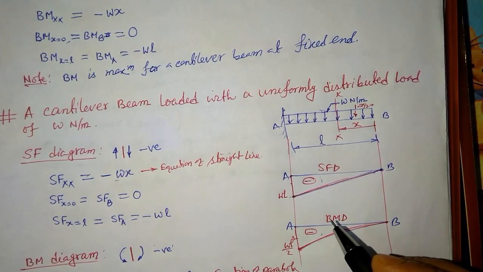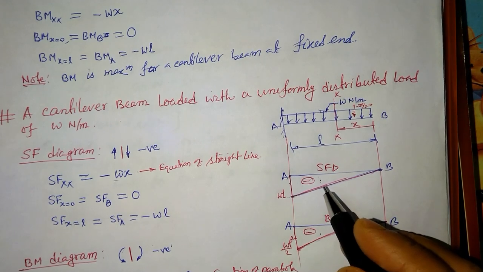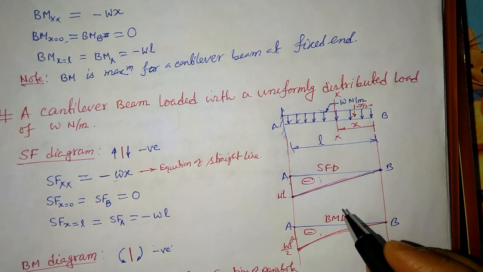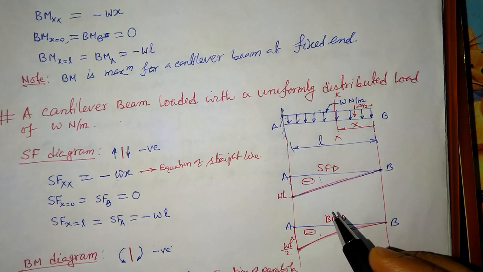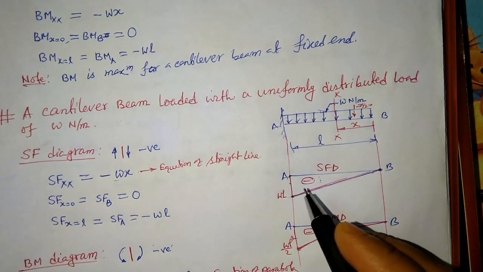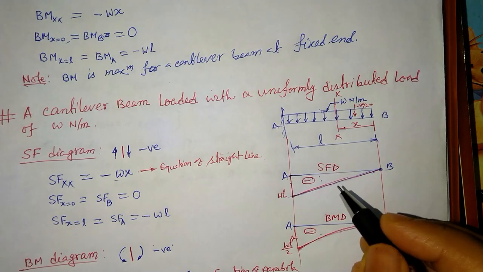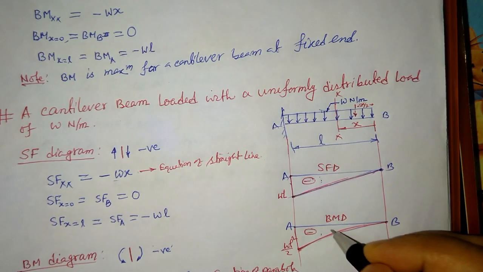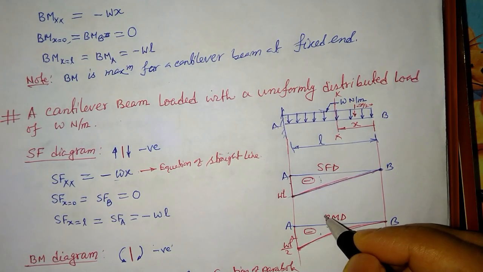What happens sometimes is they simply give the shear force diagram, and from that you have to say which one is the bending moment diagram. At that time you may get confused, so always keep in mind that shear force is one order higher than the load intensity, and bending moment is always one order higher than the shear force.